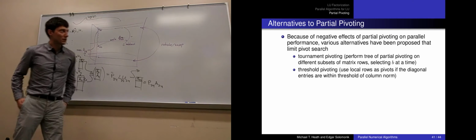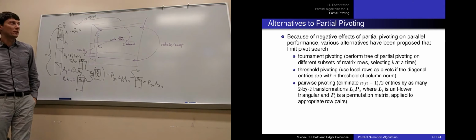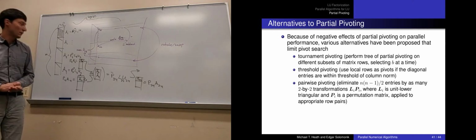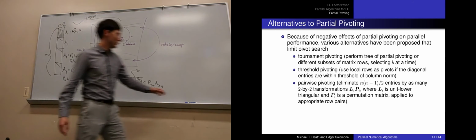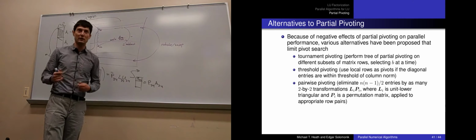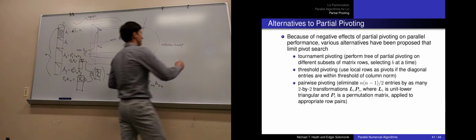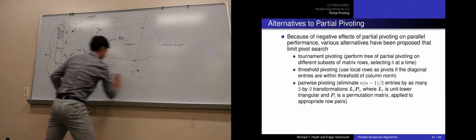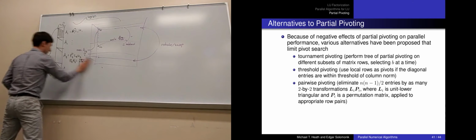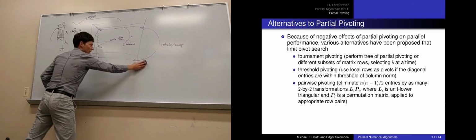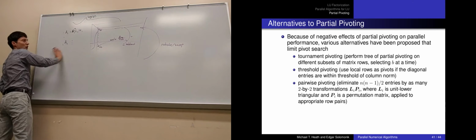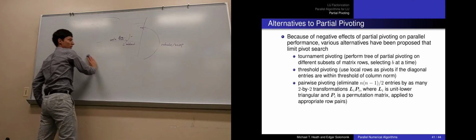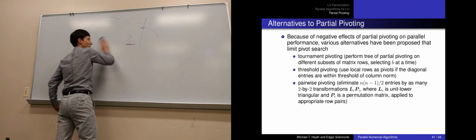A different approach that's somewhat, I think, more prominent than threshold pivoting is pairwise pivoting. And so with pairwise pivoting, we will really think of LU as eliminating a single entry at a time. I believe this is also how Gaussian elimination is often taught in linear algebra courses, as doing a single rotation to introduce one non-zero at a time.